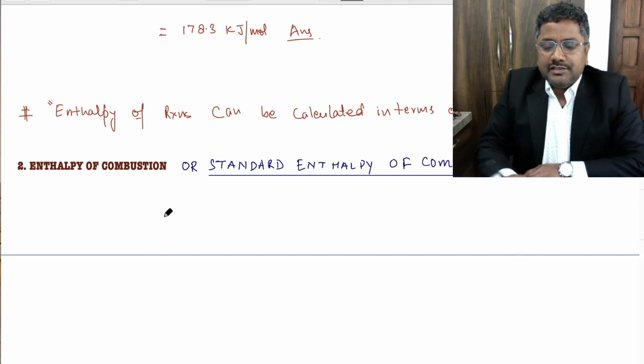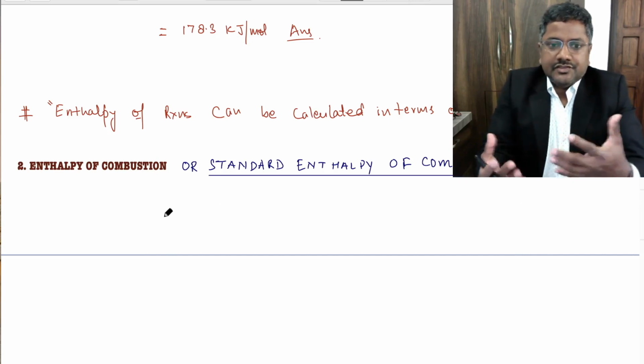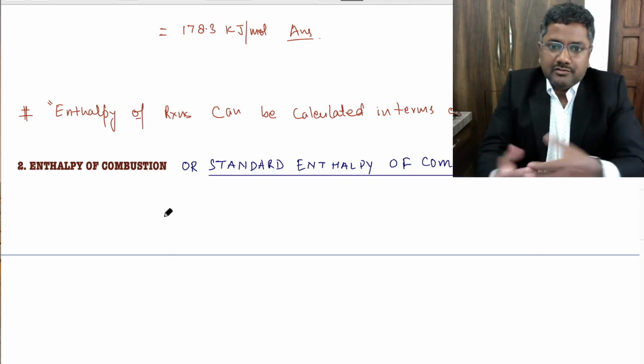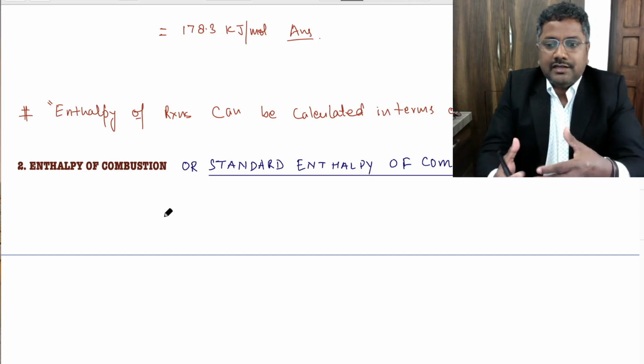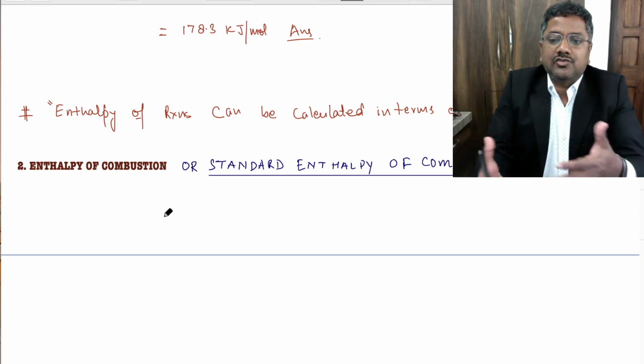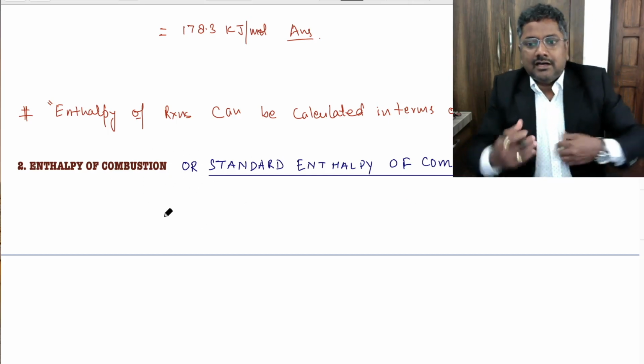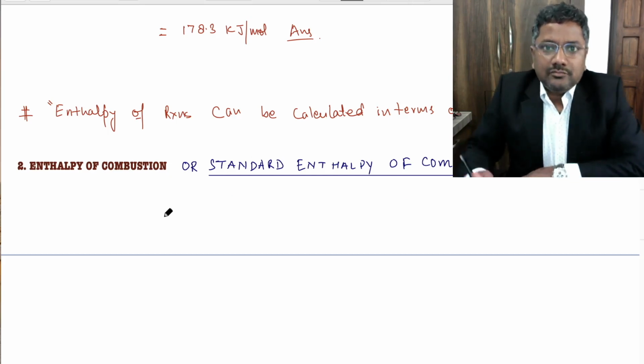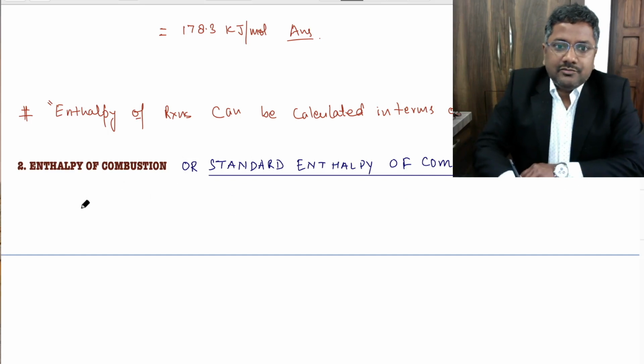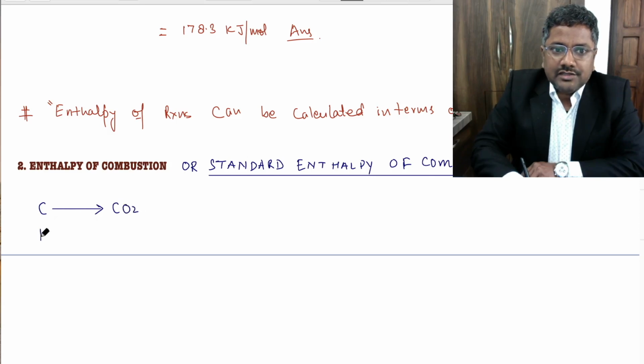Enthalpy of combustion is basically defined for organic compounds first. Initially, compounds having carbon, hydrogen, oxygen are converted into carbon dioxide. If you make the combustion of any organic compound, particularly having carbon, right? So this carbon will convert into carbon dioxide, and hydrogen is converted into what? Water.